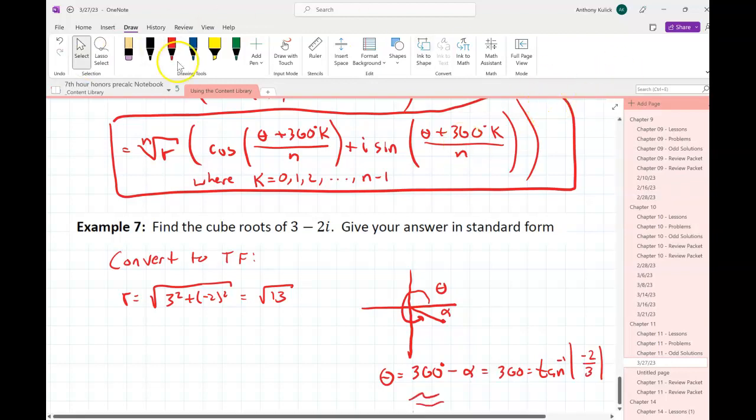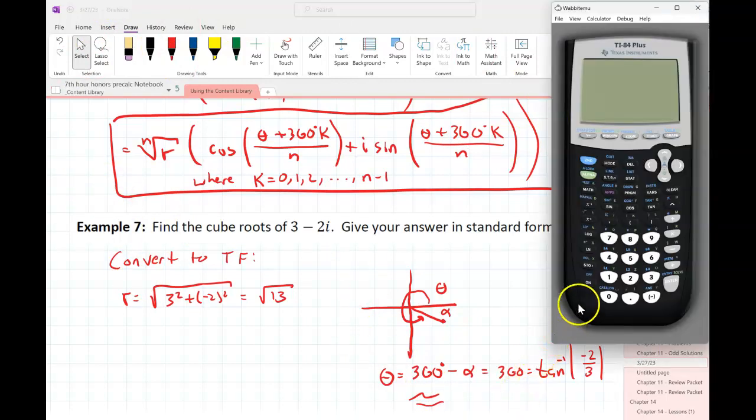So when I do that, I get, and I gotta go back and check what mode I'm in. Does anybody remember? Looks like it must have been in degrees. Yep. Okay. So I get 326.31.